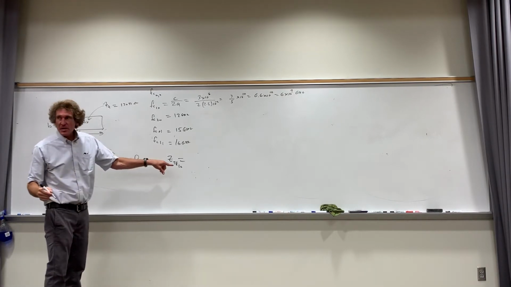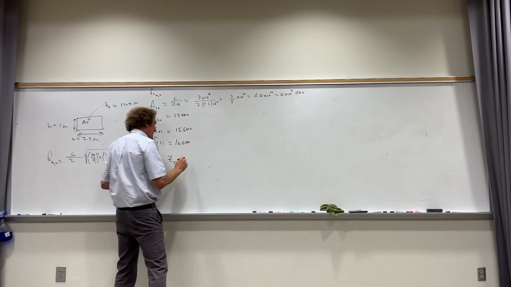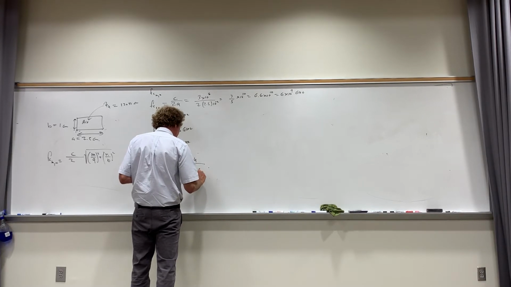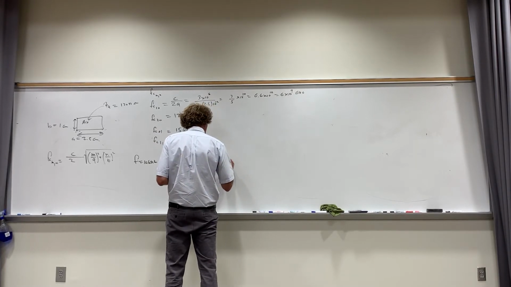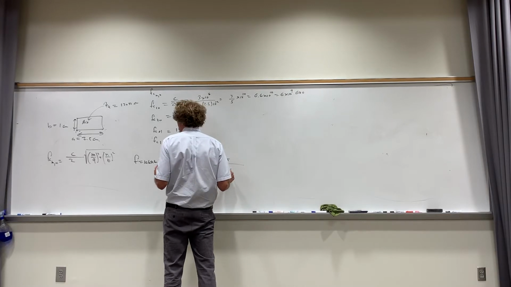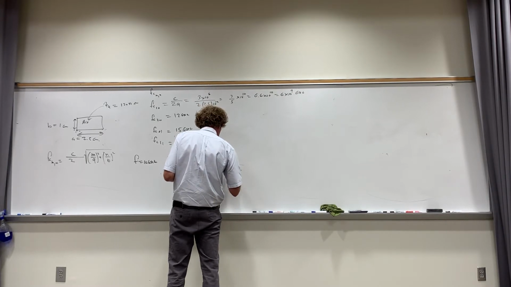Now, what was it for the TE modes? Do you remember what the impedance was? It's going to be eta unguided divided by what? The square root of 1 minus (fc over f) squared. Right? For that guide right there, that's 120 pi divided by the square root of 1 minus, my cutoff frequency was 6 gigahertz, I'm operating at 10, and I've got to square that.